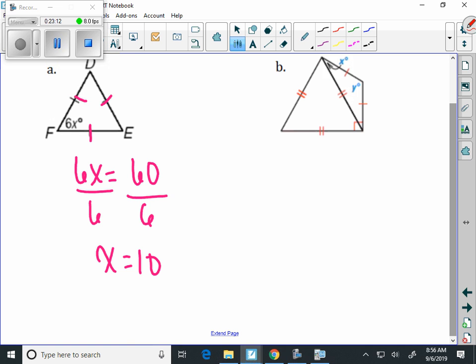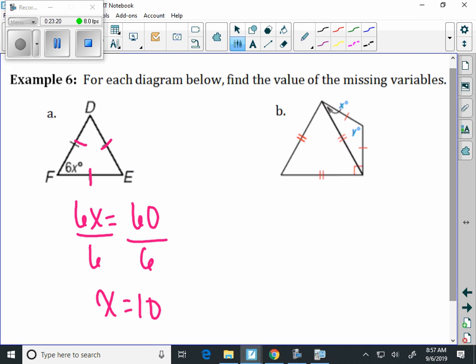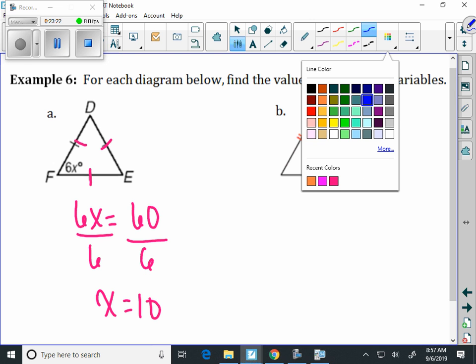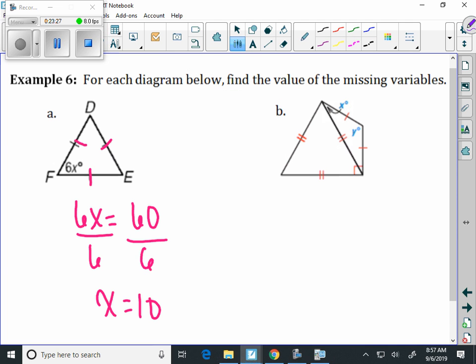A little bit more complicated picture on letter B. We want to find the values of both x and y. But as we take a look at this here, this big triangle is an equilateral triangle. So even though there's a right angle mark right here, that still is going to mean that this in the purple triangle is 60 degrees.